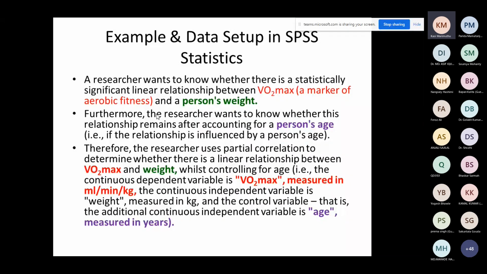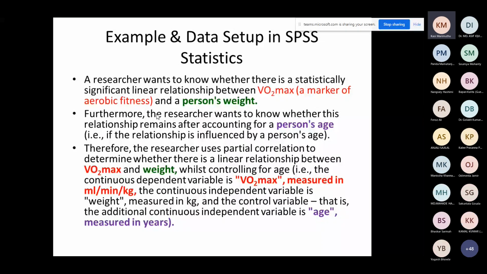Another example, maybe we can say advertisement versus sales, and then the number of years the particular brand is available. The particular brand or company, the number of years they are in the market. So basically there will be three variables here, three or more than that.